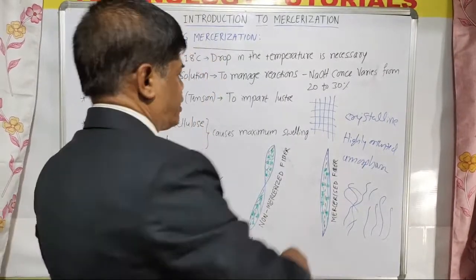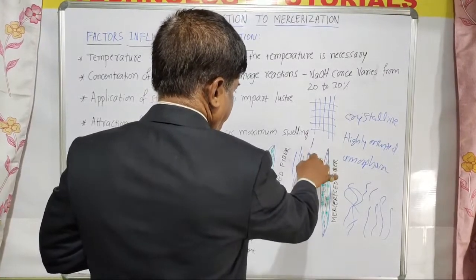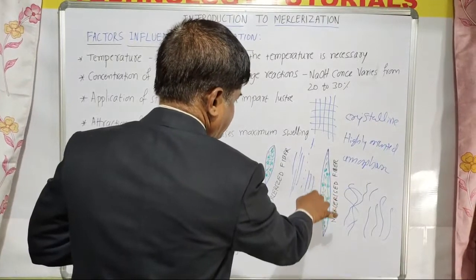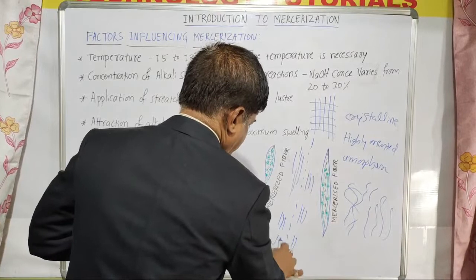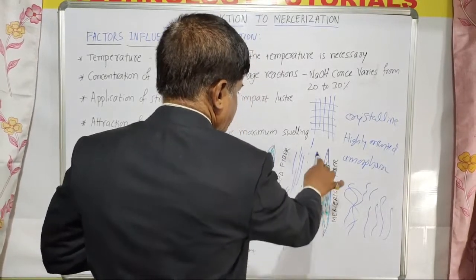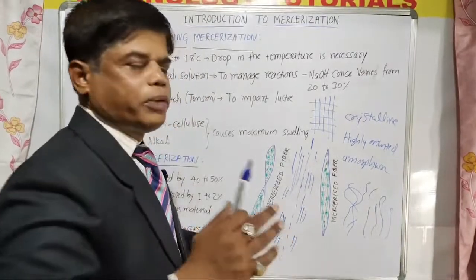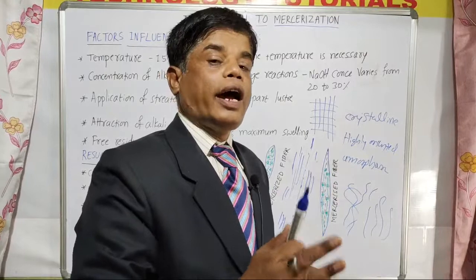Some molecules are placed parallel to the axis of the fiber. Suppose this is the axis of the fiber, and the polymolecules are arranged like this, parallel to the axis. If the polymolecules are parallel to the axis of the fiber, those are called highly oriented.